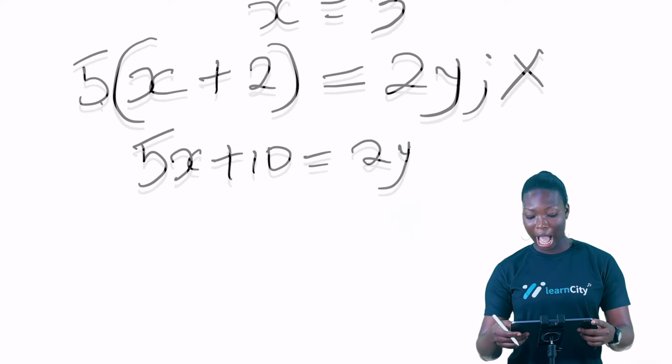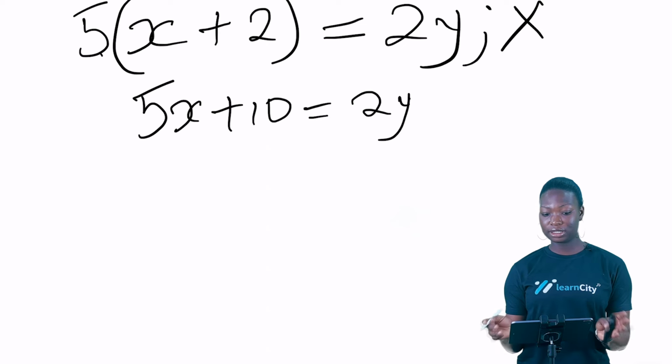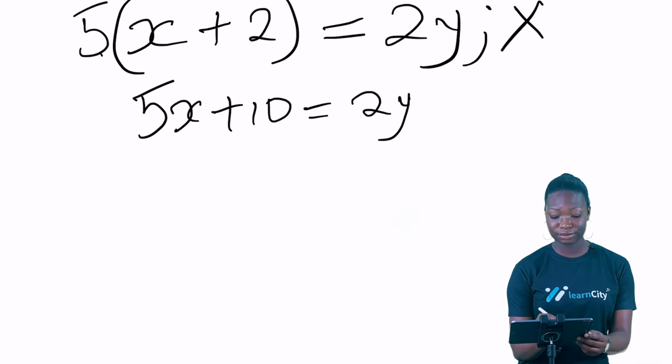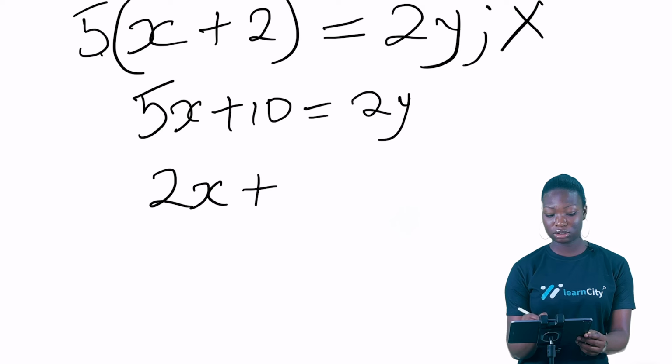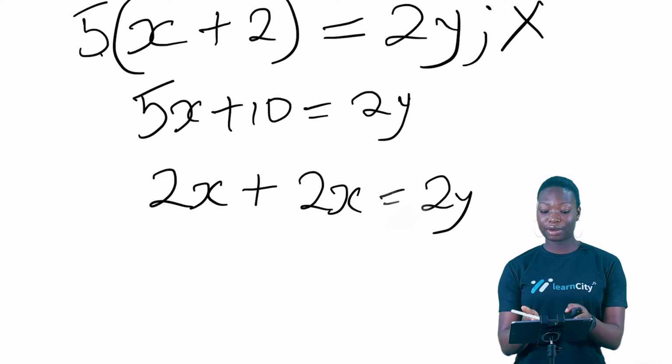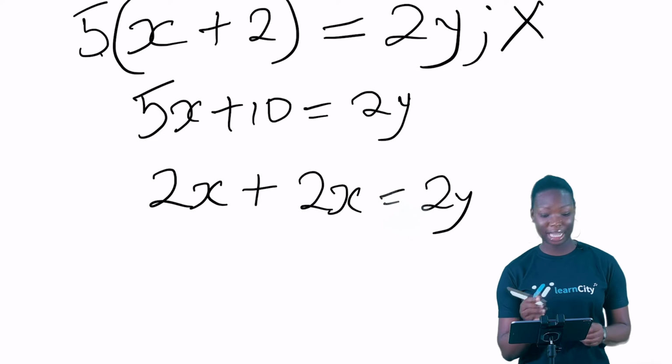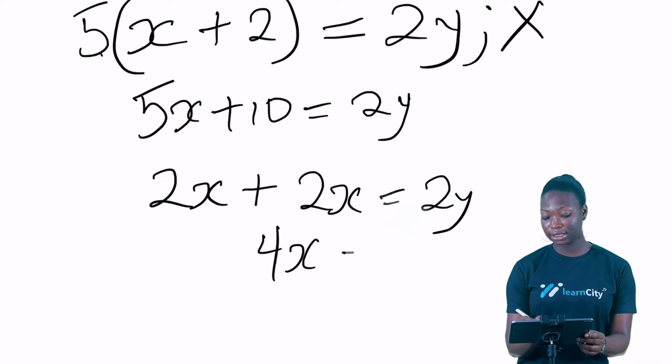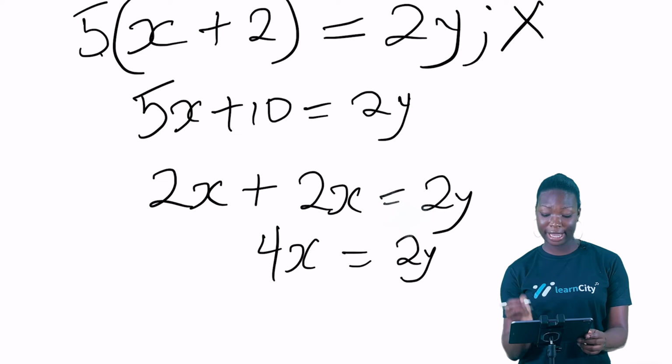Now, another case we can have is when we have 2x plus 2x, which is equal to 2y. In this case, we can basically write it as 4x, which is equal to 2y.